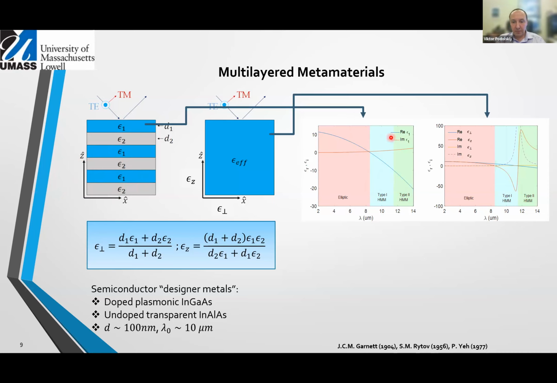So I want to spend a couple of minutes discussing these different regimes. The permittivity of the doped layer, as the permittivity of any free electron plasma, at small wavelength, large frequencies if you will, is positive. Then at the plasma frequency, somewhere here, that permittivity flips sign and becomes negative.